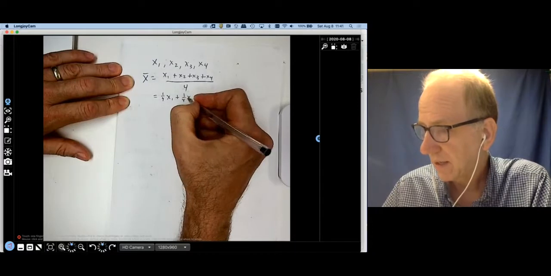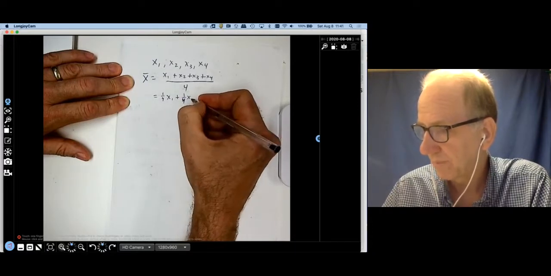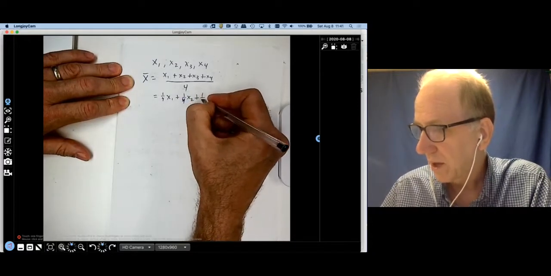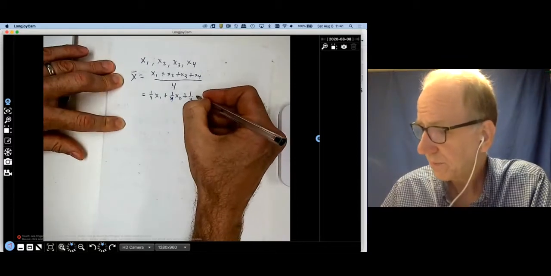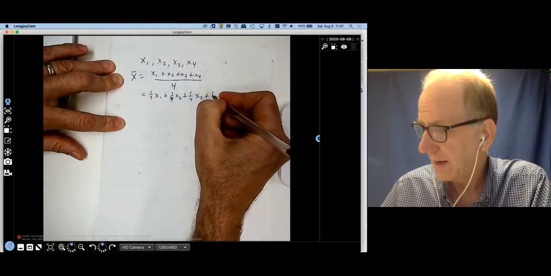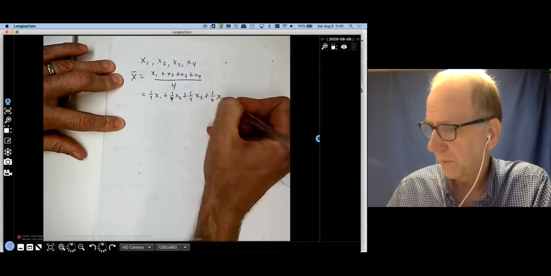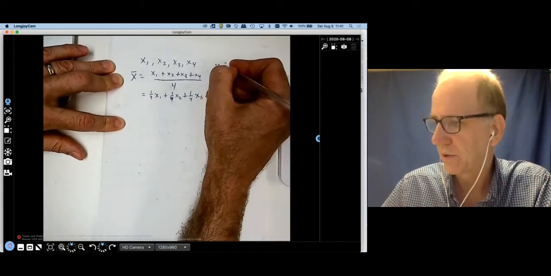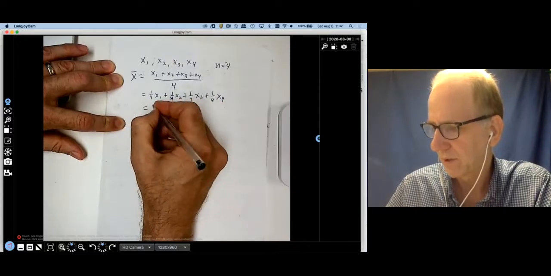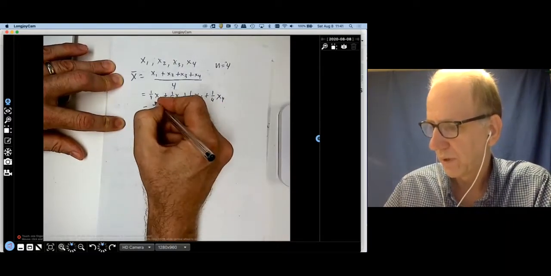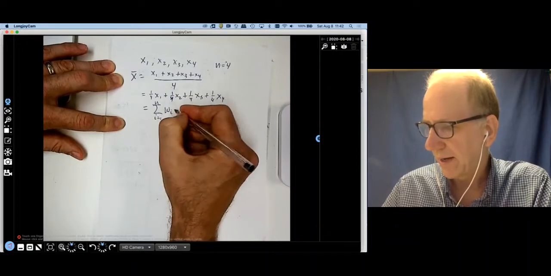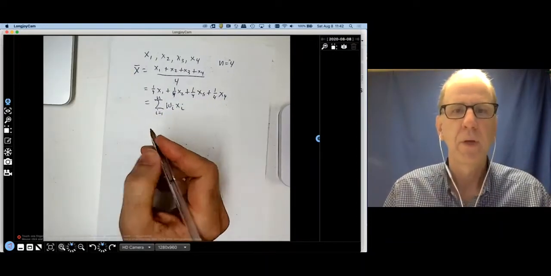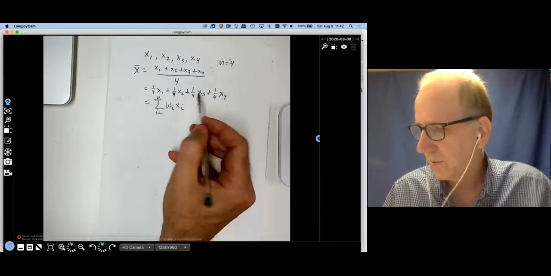And in the case of a simple mean, which is what we're doing here, the weights are always equal, and they're all equal to 1 over n, where n here is equal to 4. So you can think of this as the sum i equals 1 to n of wi xi, and note that these weights always sum to 1.